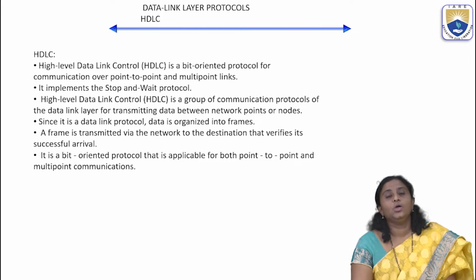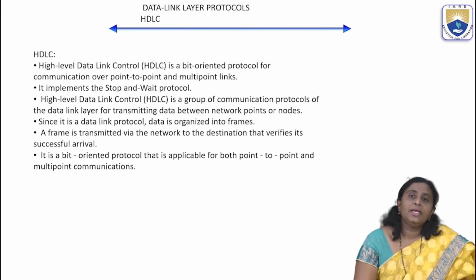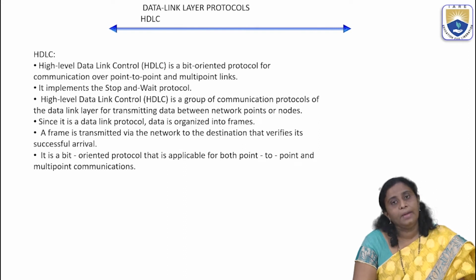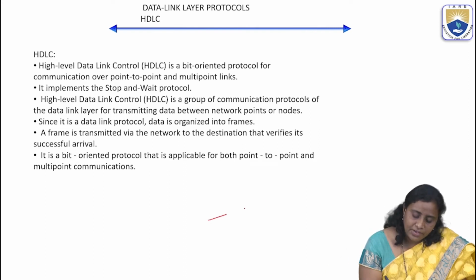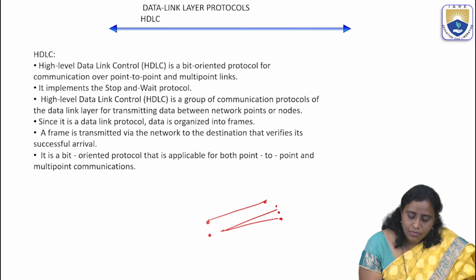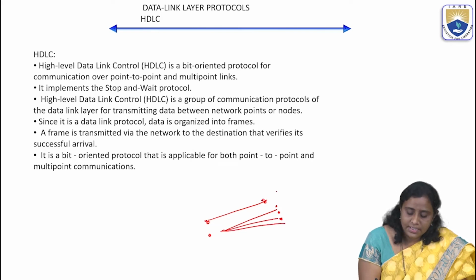It is a bit oriented protocol for communication over point-to-point and multi-point links, from one point to another point or from one point to many points. One to one and one to many. This is point-to-point and this is multi-point.